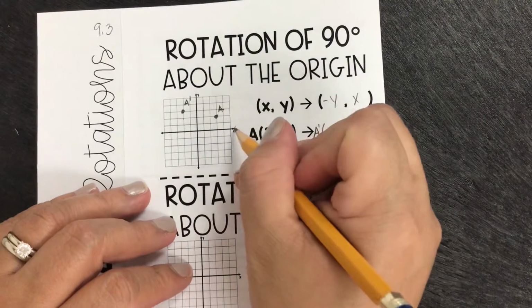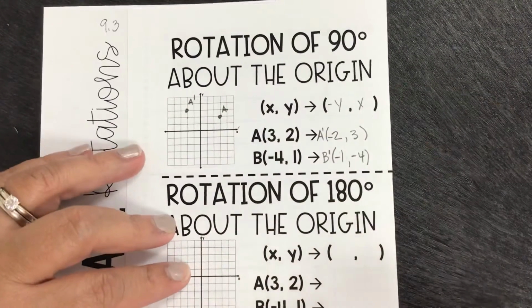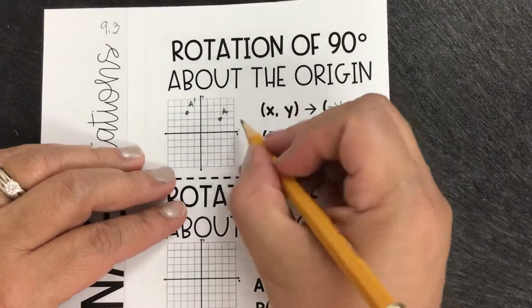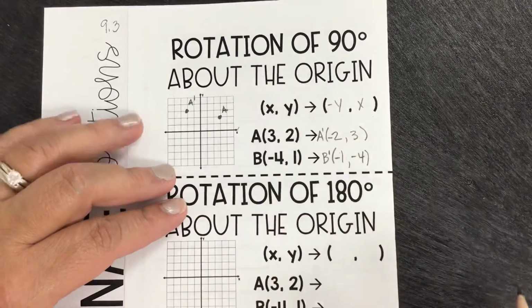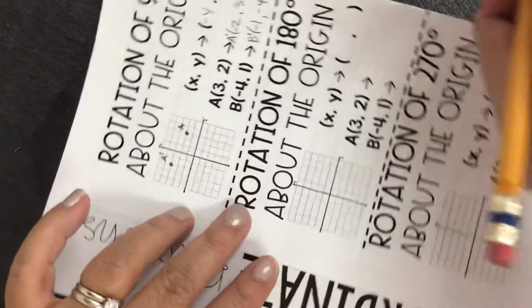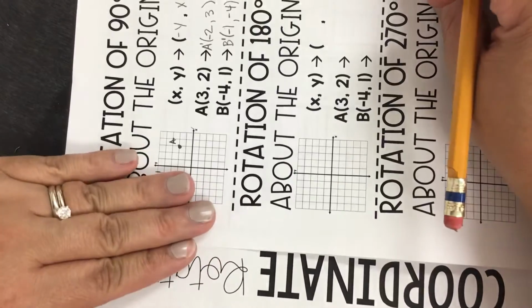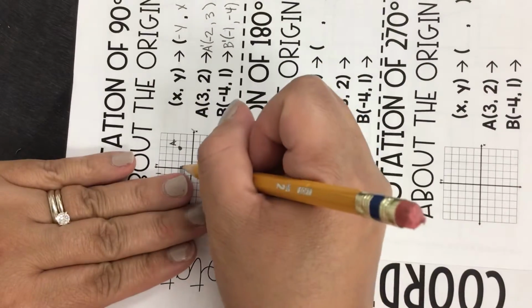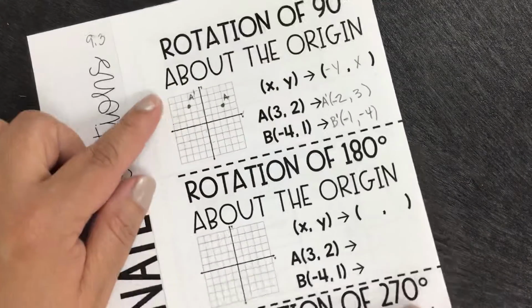I want you to notice right here, if I were to rotate this 90 degrees, if you focus on just the x-axis right here and you look at A, it's now at (negative 2, 3), just as we plotted.